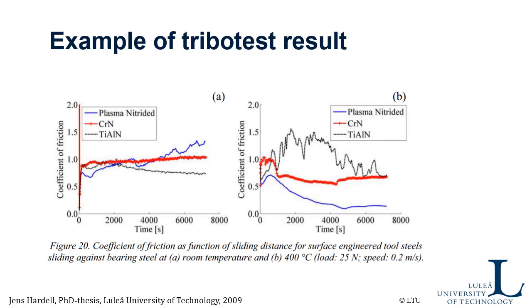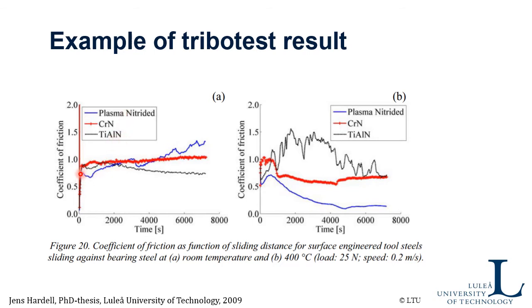So what do you get from a tribotest? These are some figures I found from Jens Hardell's thesis at Luleå University of Technology. Here he has measured the coefficient of friction versus time. This is a very typical type of tribotest. You measure over pretty many minutes, you measure the friction, and you test a number of materials here.